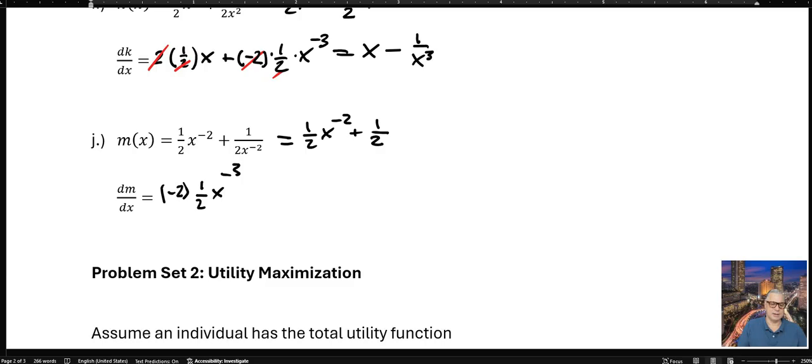Okay, this x to the minus 2 would actually be underneath in the denominator. That would be 1 over x squared. But then it just becomes 1/2 x to the negative 2 plus 1/2 x squared.